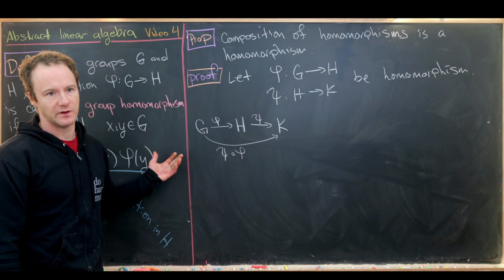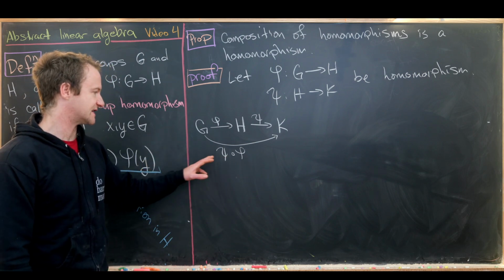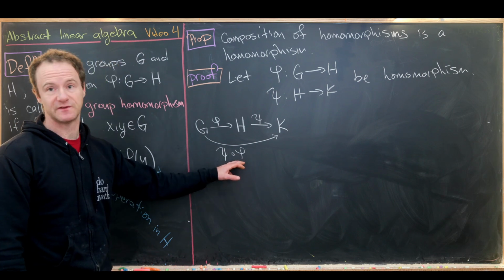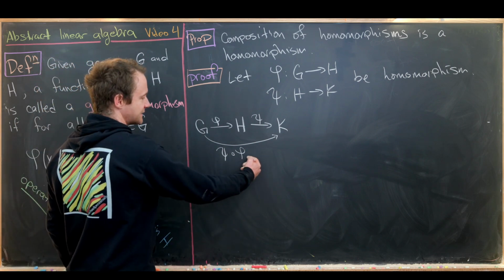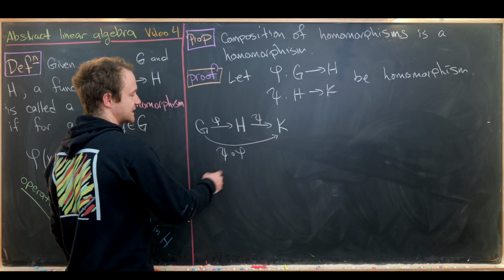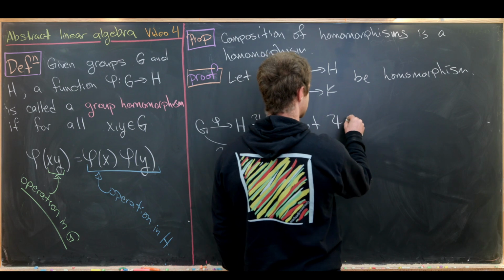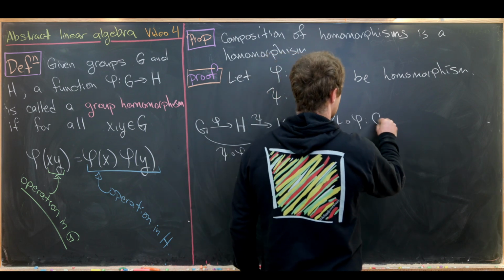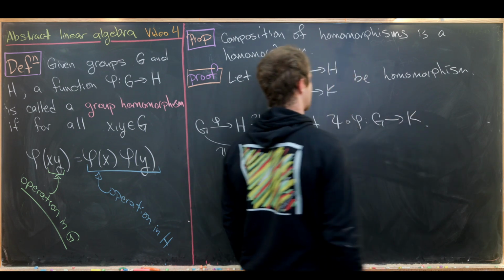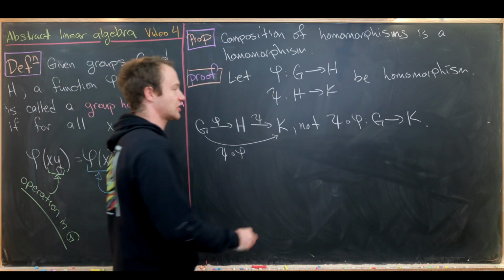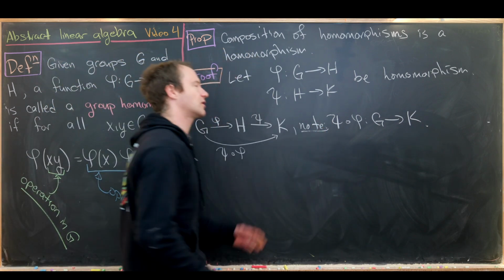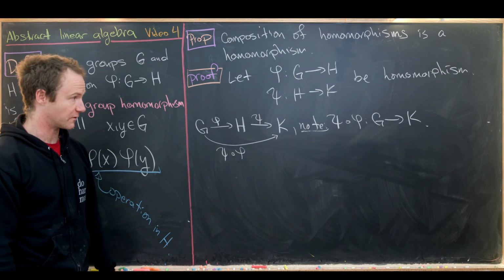So if we were to write it down, it would read as psi composed with phi. Notice this will eat things from G and give things from K. So as functions, we have psi composed with phi goes from G to K. And we want to determine if that is a homomorphism or not. Or in fact, we want to show that it is a homomorphism.